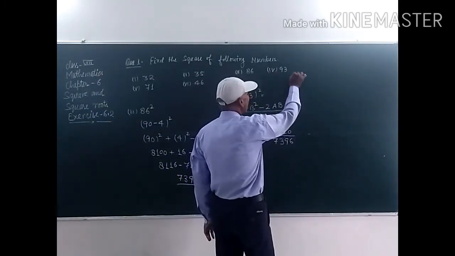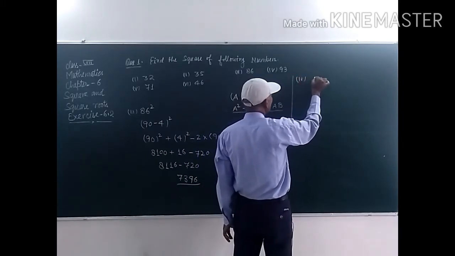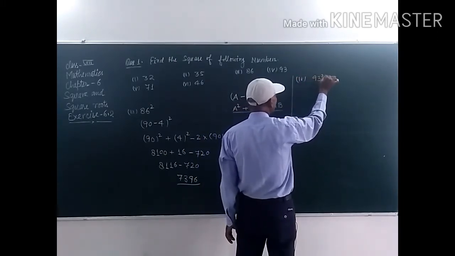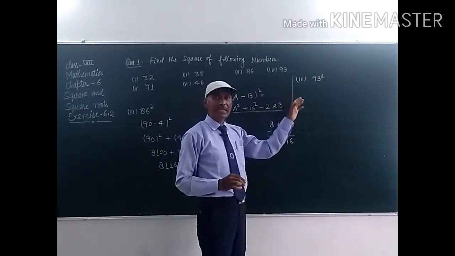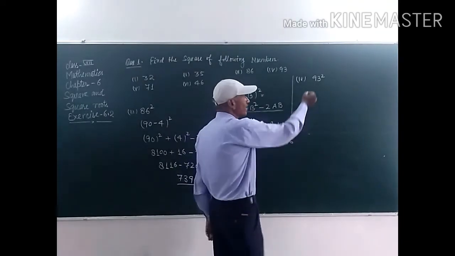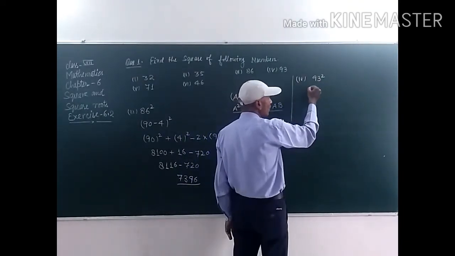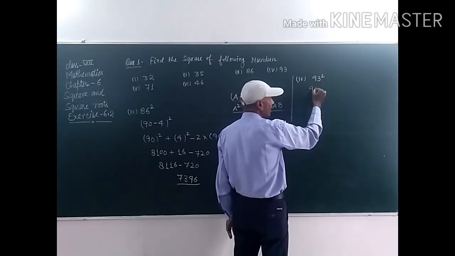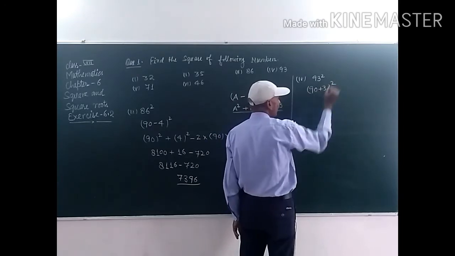Clear student? Now this one, the fourth part, the square of 93. In this, student, we have to use the identity (a plus b) whole square because it is nearest to 90. 93 is nearest to 90. So we have to split into two parts such that (90 plus 3) whole square.